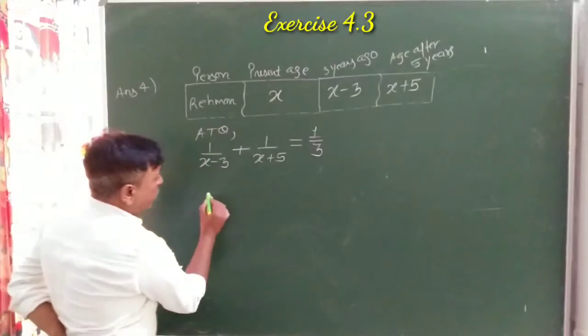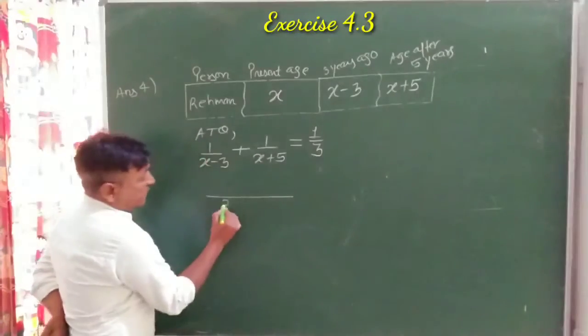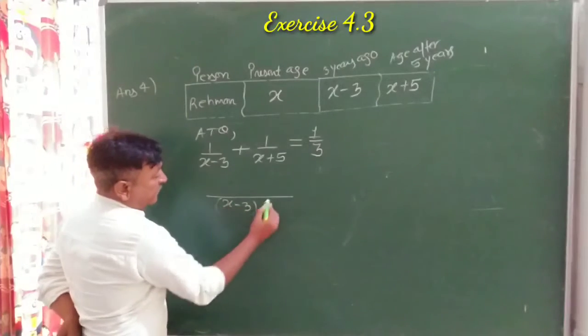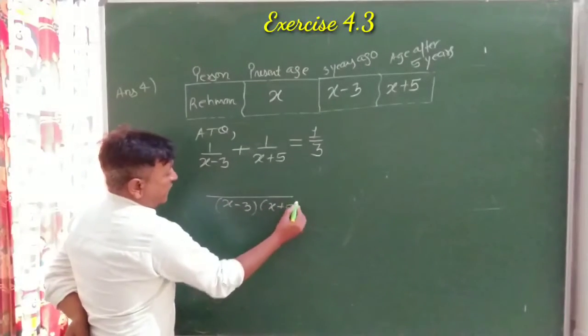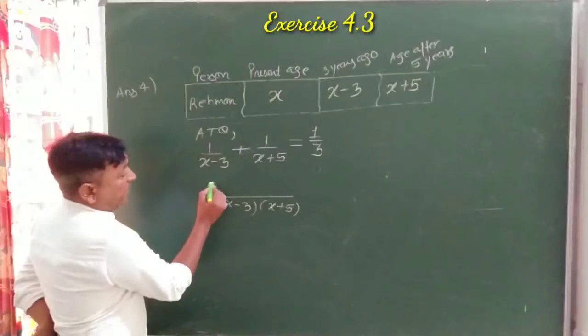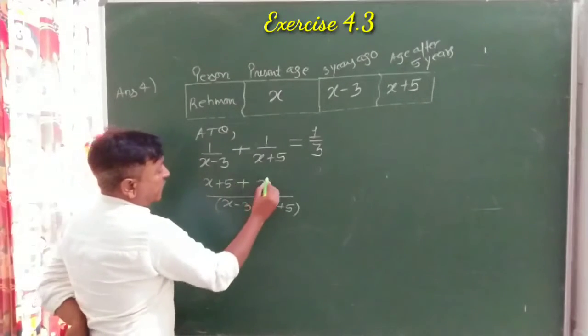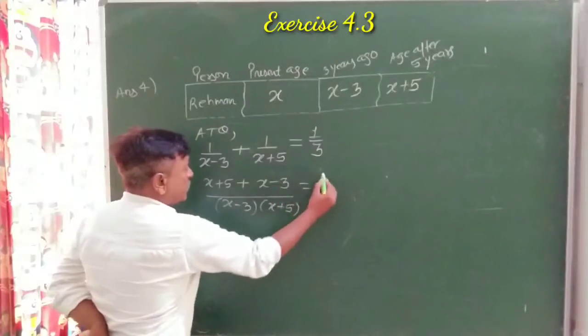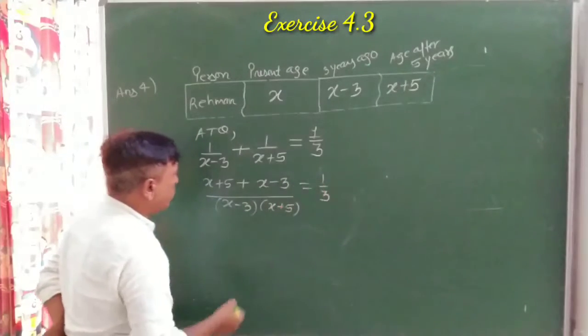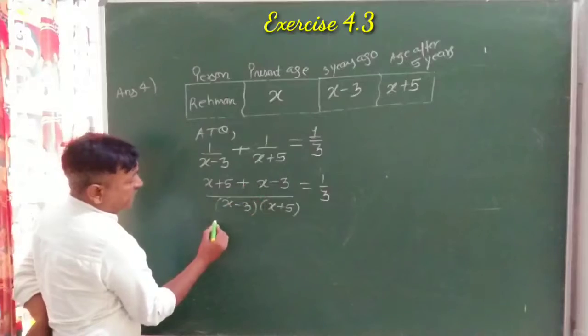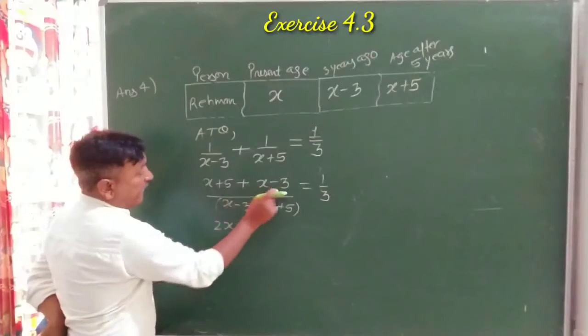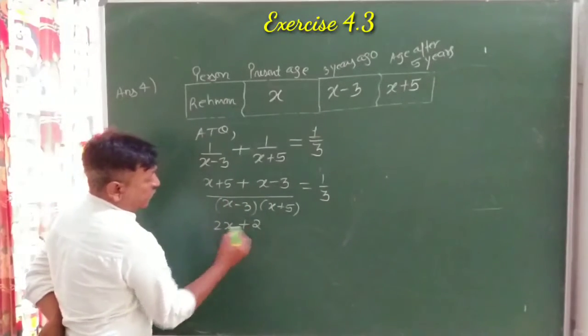First of all you have to take the LCM, (x minus 3)(x plus 5). So what will come here? Here will come x plus 5, plus here will come x minus 3, is equal to 1/3. x plus x is 2x, 5 minus 3 is plus 2.